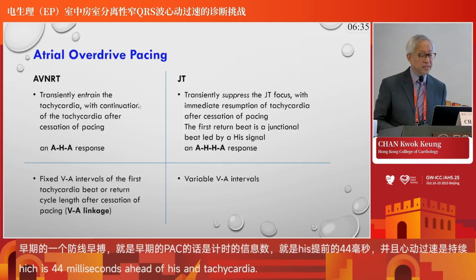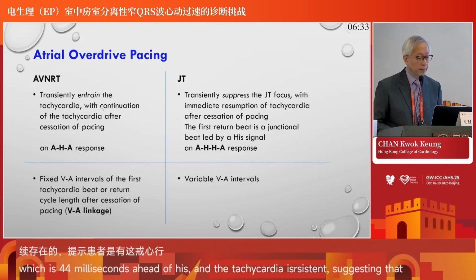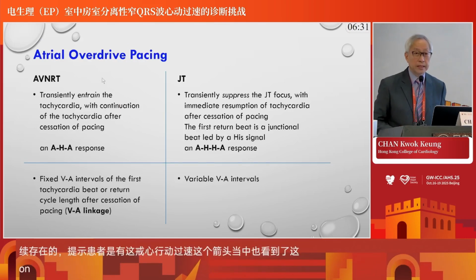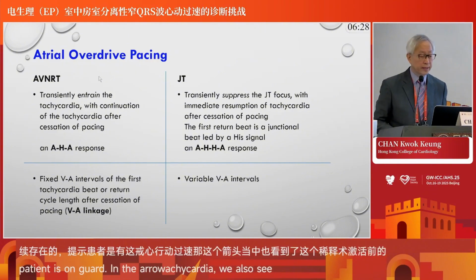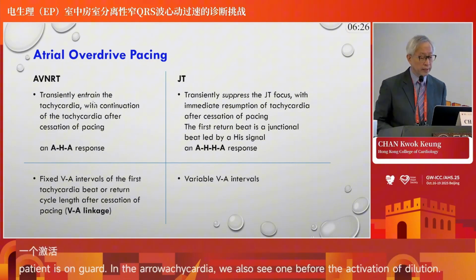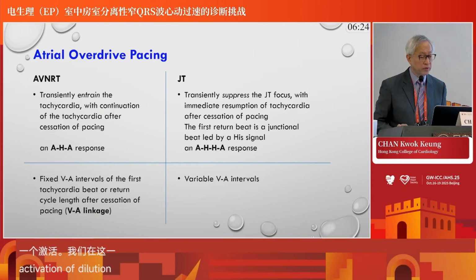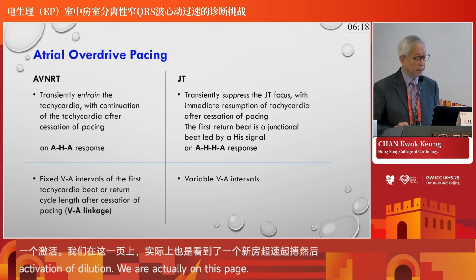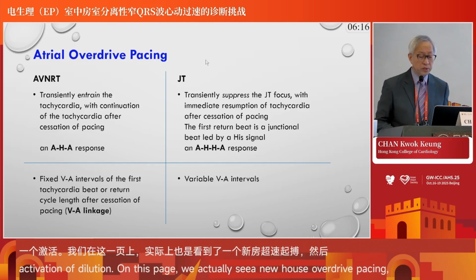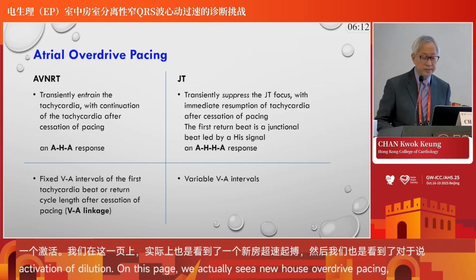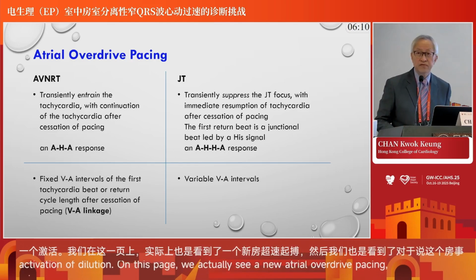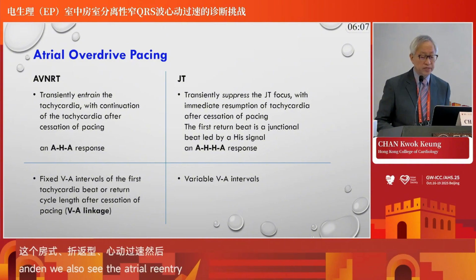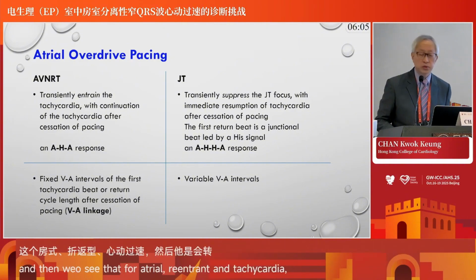The second is atrial overdrive pacing. For AVNRT, atrial overdrive pacing can transiently entrain the tachycardia, with continuation of the tachycardia after cessation of pacing, what we call an AHA response. But for junctional tachycardia, atrial overdrive pacing will suppress the junctional tachycardia focus, with immediate resumption of the tachycardia after cessation of pacing.